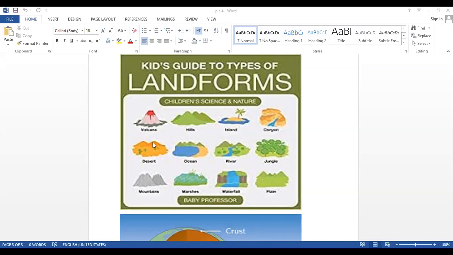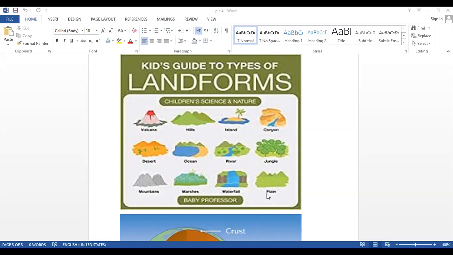Okay, like here, this is the picture of a volcano, I think. This is a hill, this is an island, canyon, desert, ocean, river, jungle, means forest, mountains, waterfalls and plains, seas. Okay, so all of these items, guys, are naturally found on Earth.